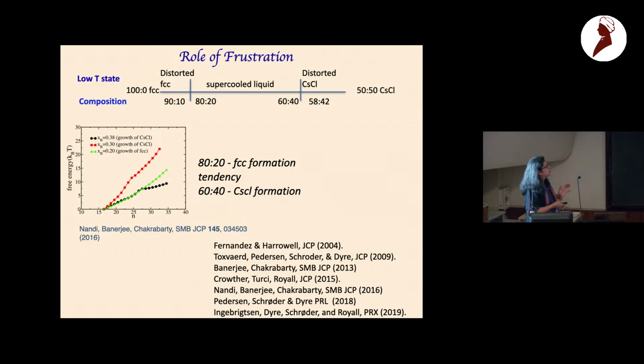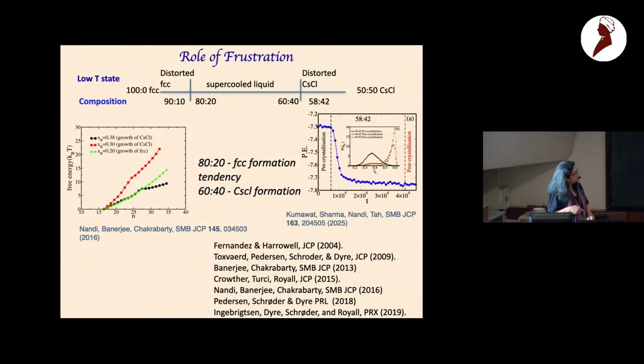but it's a composition which frustrates the system to undergo a CsCl-like crystal structure formation. Whereas if I move more towards a 60-40 mixture, and here I'll show you something which we had done, we do see an instant crystallization and a BO related to the CsCl structure comes up there, which means that my 60-40 mixture is sitting very close to a CsCl formation tendency, although we do not find any LFS from either the 80-20 or the 60-40 which will show me some kind of an FCC or CsCl formation tendency.